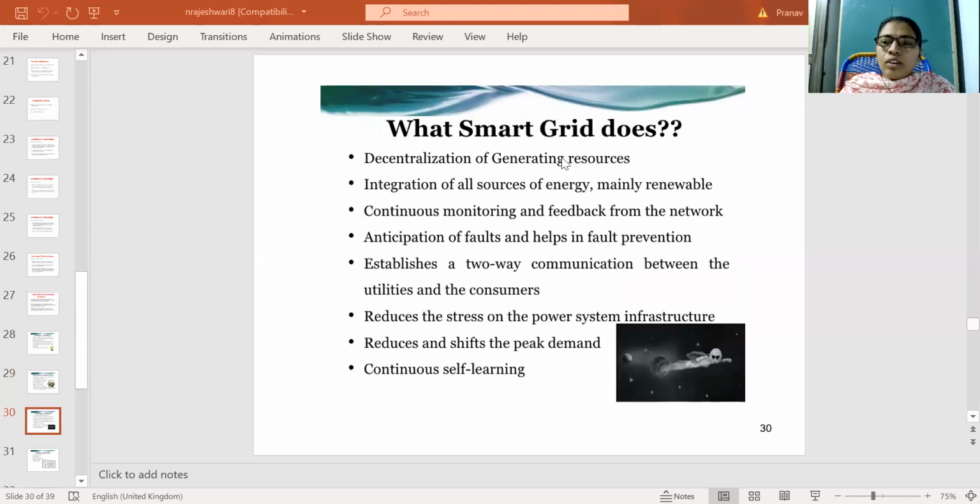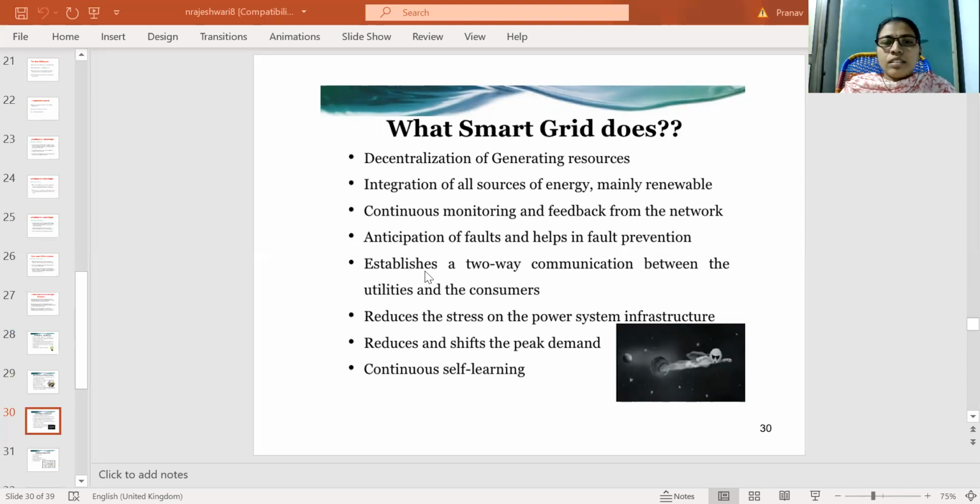What this smart grid does means decentralization of generating resources and integration of all sources of energy, mainly renewable energy sources, and continuous monitoring and feedback from the network, and also anticipation of faults and helps in fault prevention.